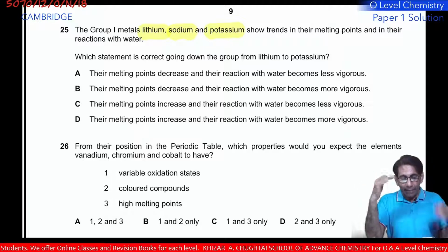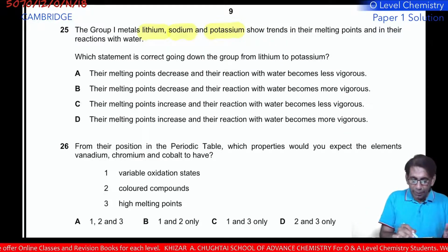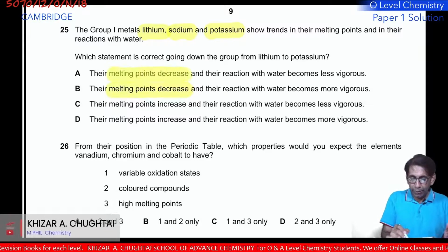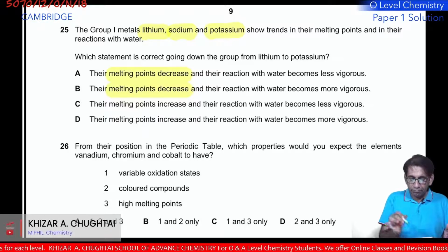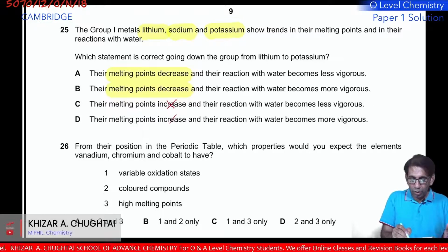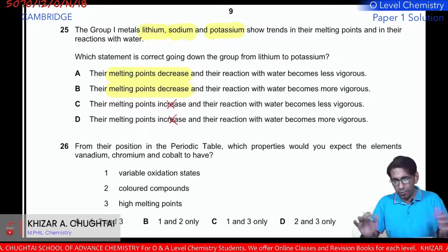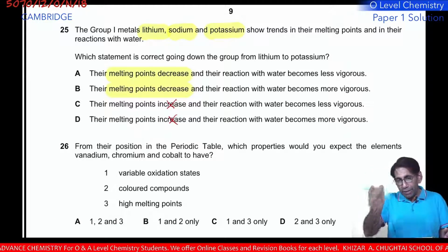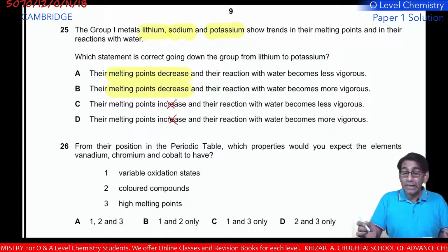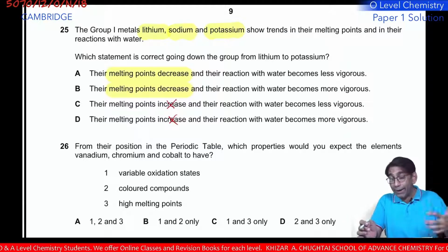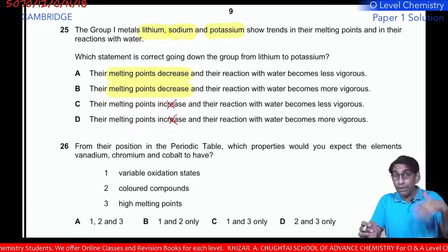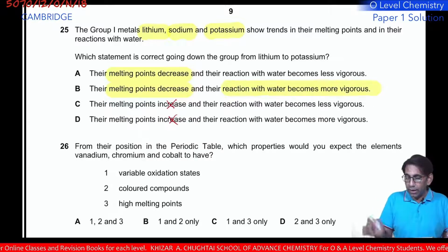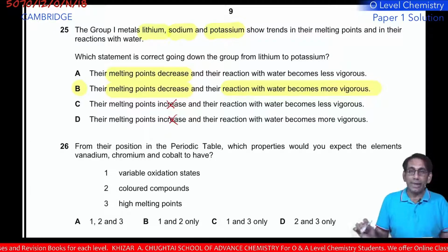So for metals, melting point decreases, and melting point increases is wrong. So A or B may be the correct one. The next one: as we go down the group, chemical reactivity increases, so the reaction becomes more vigorous. So B is the correct option.